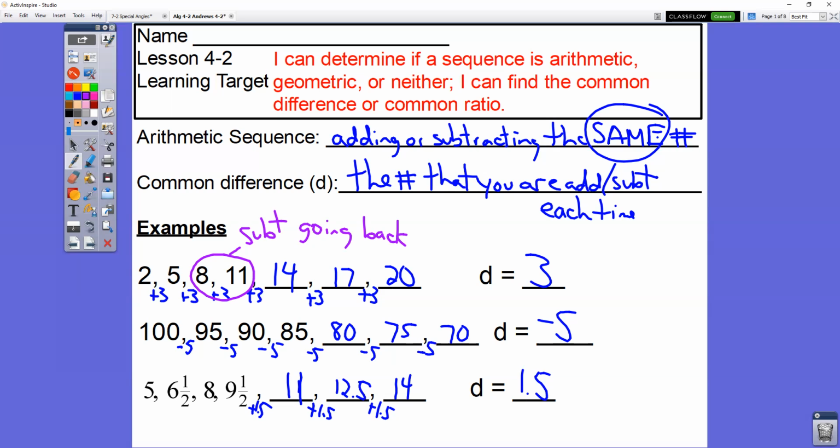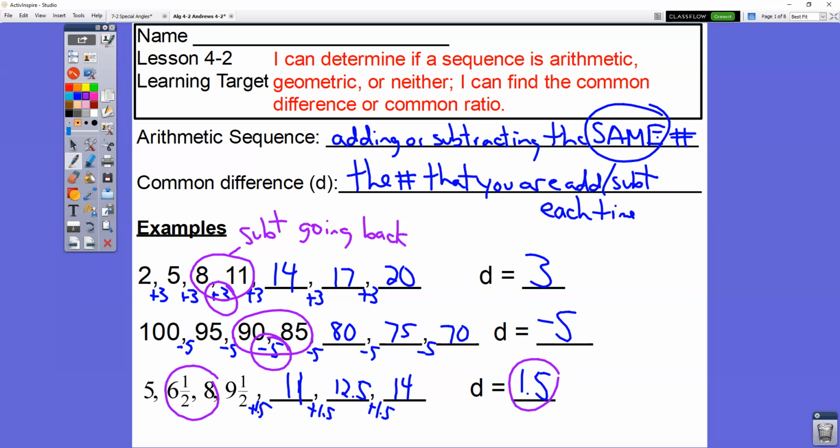If you did 11 minus 8, that's going to give you your common difference of 3. If you do 85 minus 90, that gives you your -5. 8 minus 6.5 gives you your common difference of 1.5.